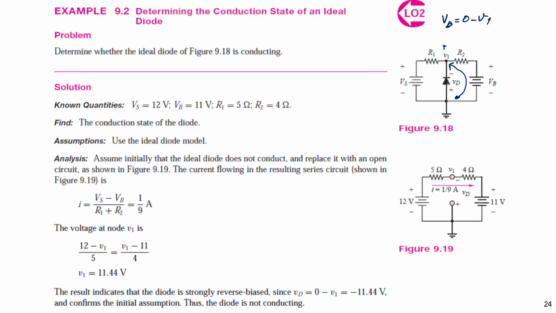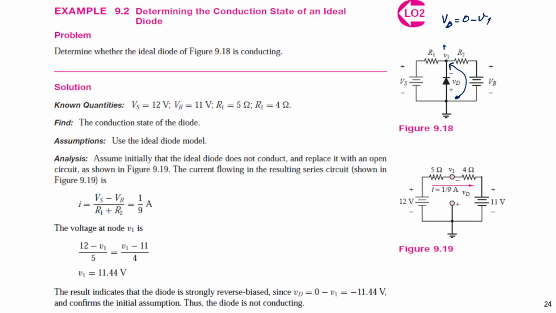With the blocking mode assumption, when the diode is not conducting, we get VD with a negative sign, right? And VD is 0 minus V1, okay? If VD is on the negative side, the assumption is correct.